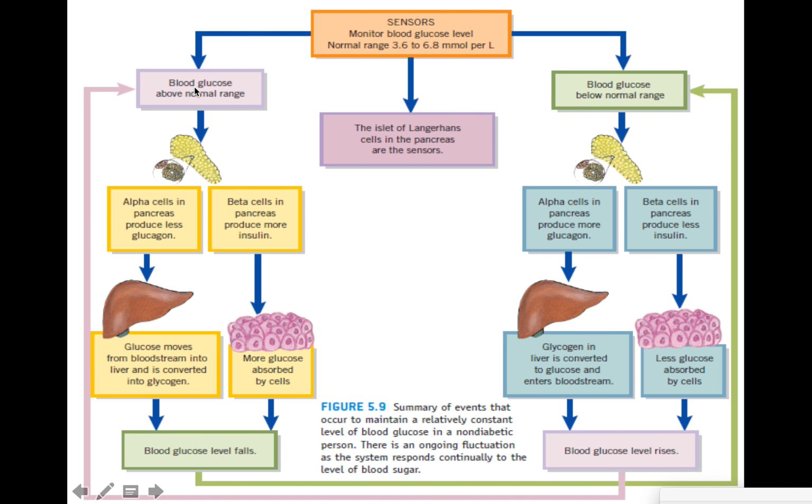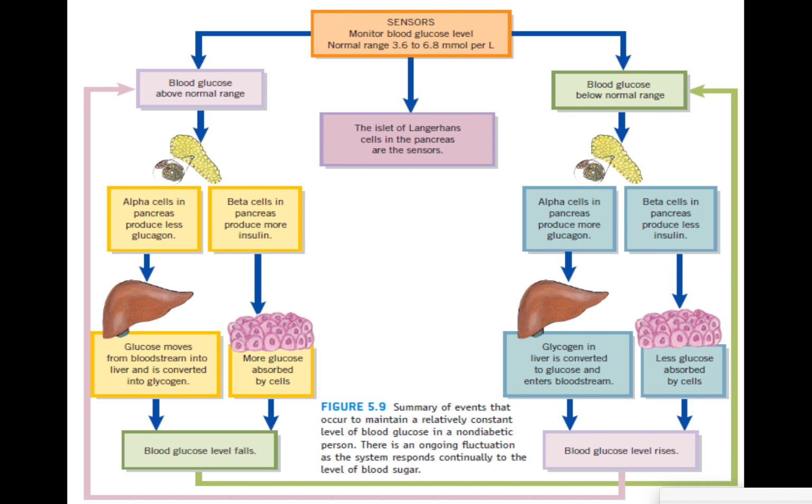So again, that's going to be detected by the Langerhans cells in the pancreas. That's going to cause the alpha cells in my pancreas to lower the amount of glucagon going around, which is then going to act on the effector, which in this case is going to move the glucose from the bloodstream back into the liver.